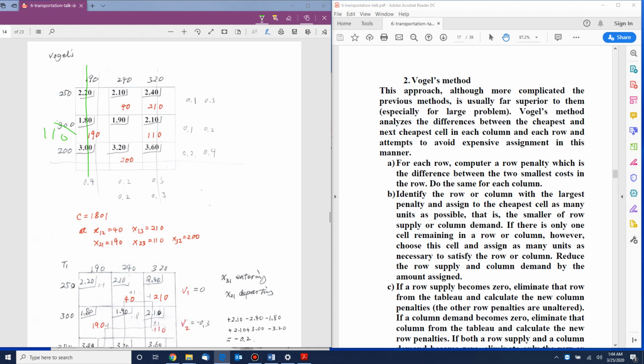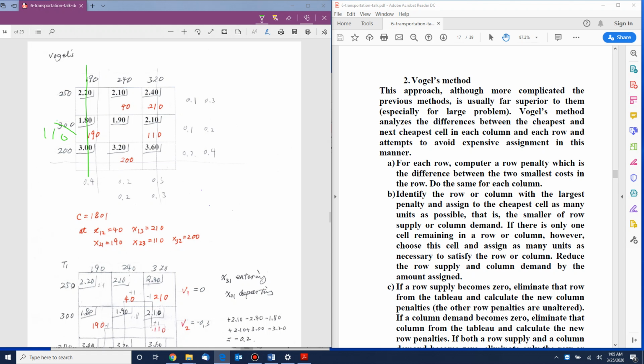For column 2, the cheapest is 1.9 and the next one is 2.1, so the difference is still 0.2, and for column 3 it is still 0.3, so we keep them there. Now compare those: 0.3, 0.2, 0.4, and 0.2, 0.3. So we are going to start with the 0.4, that is row 3.